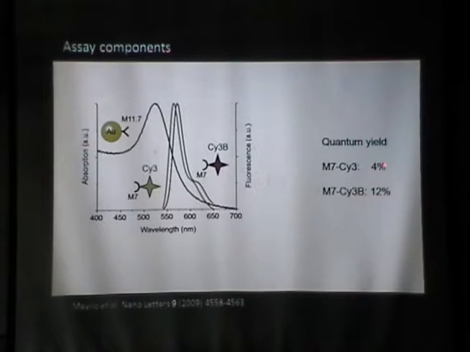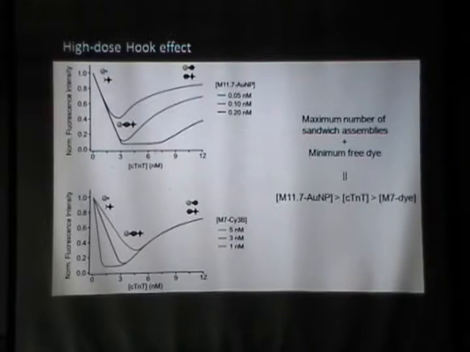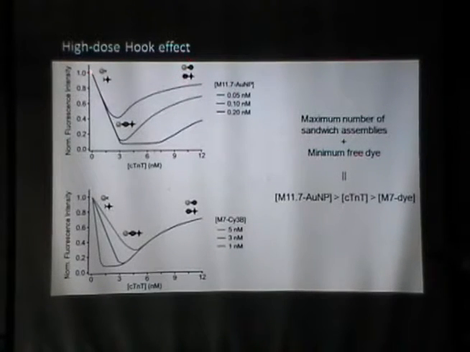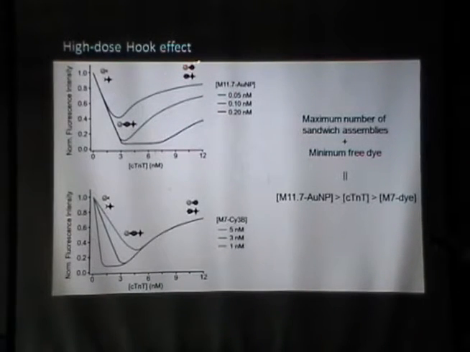So we tested different dyes to prove that. And to make it short, we made this thing work. One has to be careful to adjust the concentrations, because if you add too much of the protein, then you destroy the sandwiches because the same protein starts to compete for particles or fluorophores.